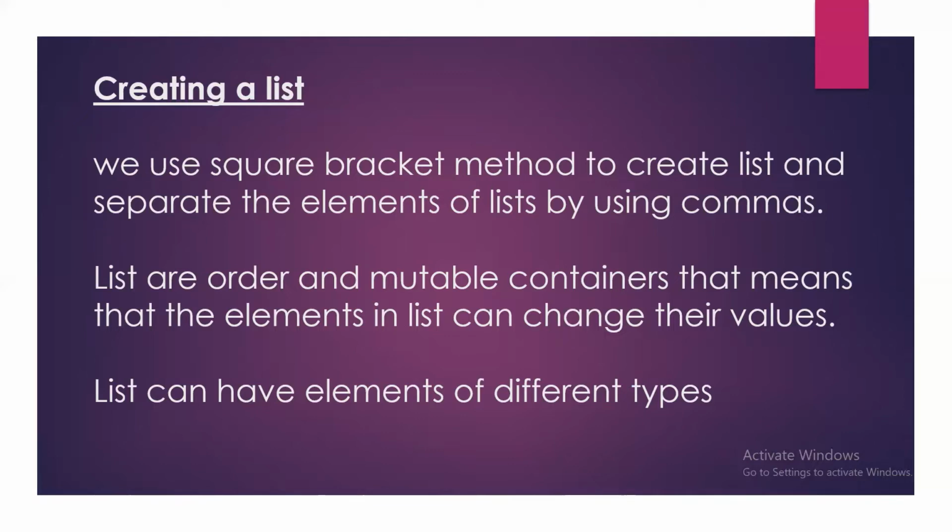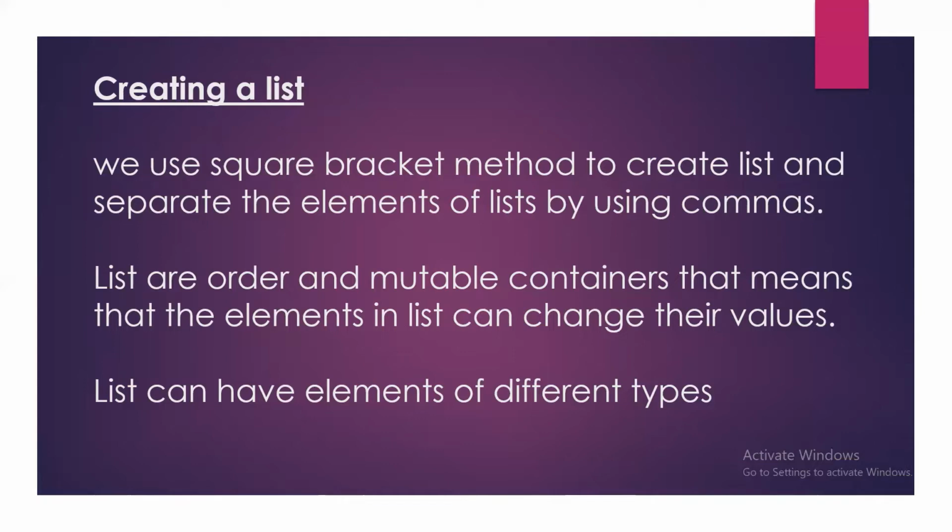And one more thing, that lists can have elements of different data types. That is, one element of list can be a string, another element can be a float, another element can be an integer, and so on. So lists can also have different data types.